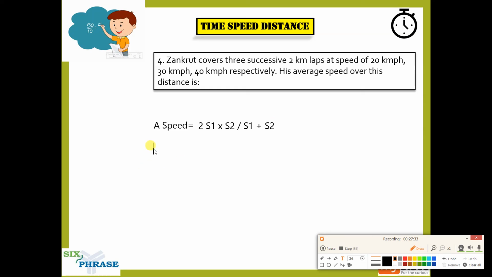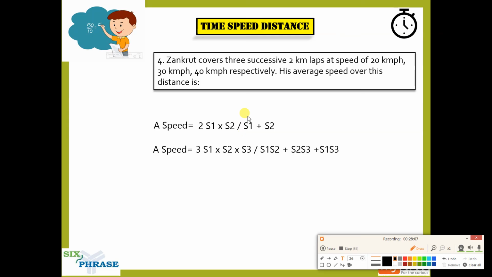When it is three speeds, we also have a shortcut formula: instead of 2 it is going to be 3, and instead of s1 into s2 it is going to be s1 into s2 into s3, divided by, not s1 plus s2 plus s3, but s1 s2 plus s2 s3 plus s1 s3.